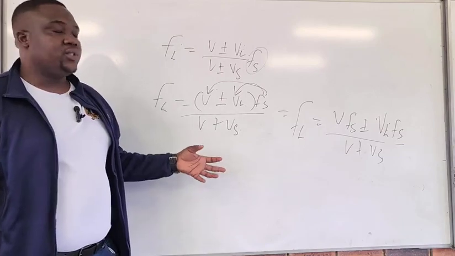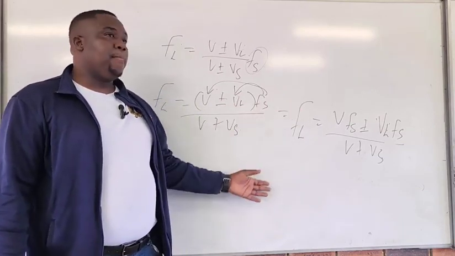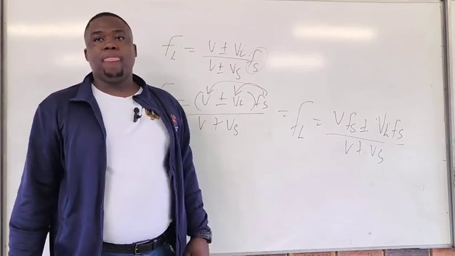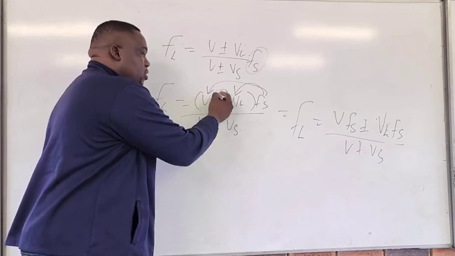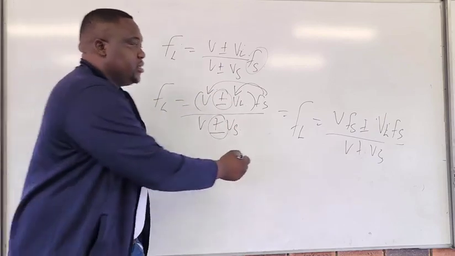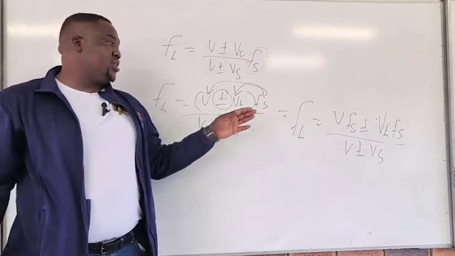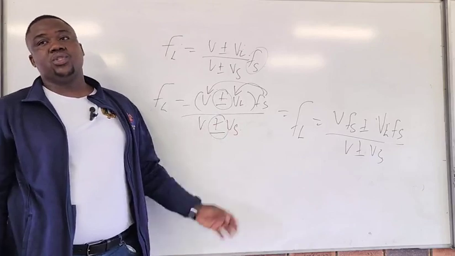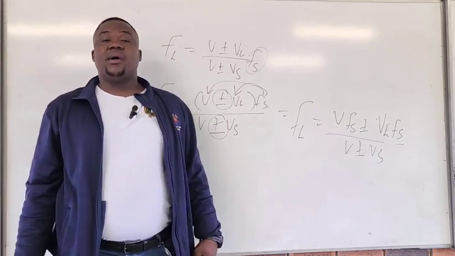As you can see, we are trying to unpack the Doppler's effect formula. This formula has got a plus or minus, plus or minus. So how do we deal with this situation of plus or minus? Because you know that in the calculator we don't have a plus or minus.